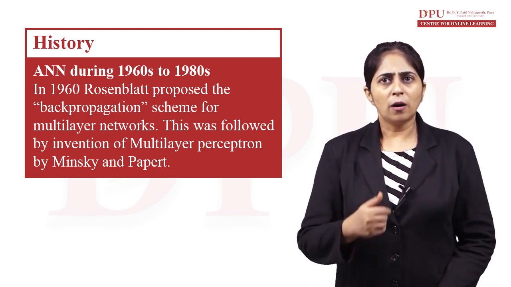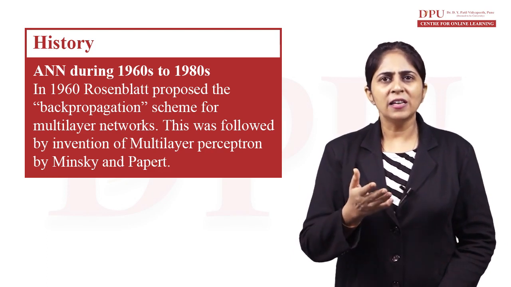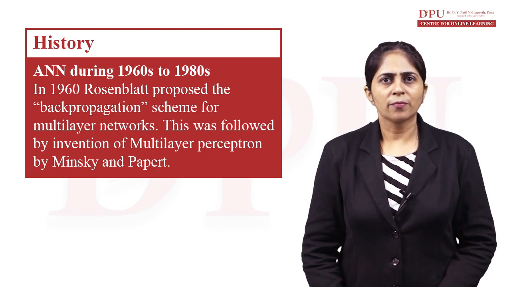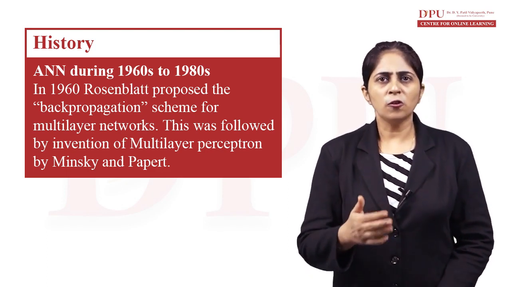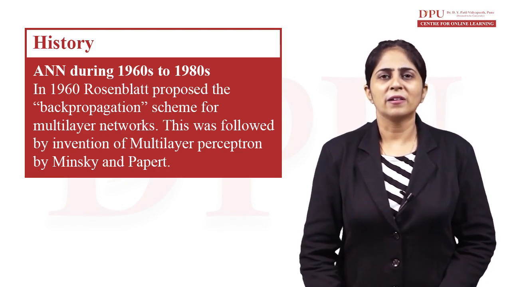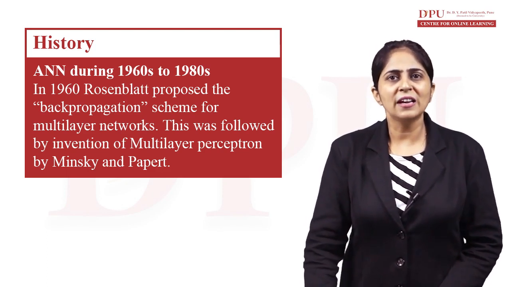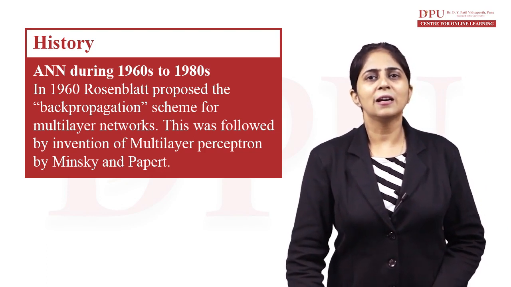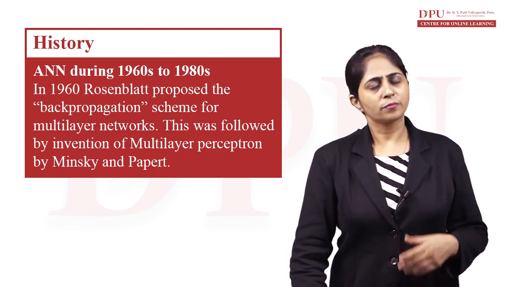That was the backpropagation scheme for multiple layers of networks. Then this was followed by the multi-layer perceptron by Minsky and Papert. They were scientists who generated the concept of the multi-layer perceptron.